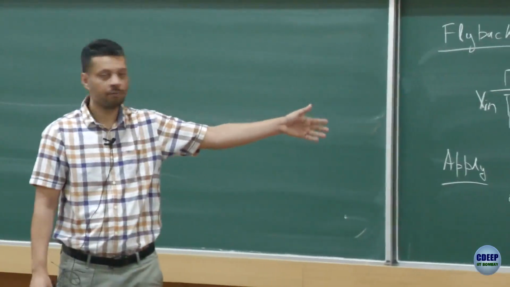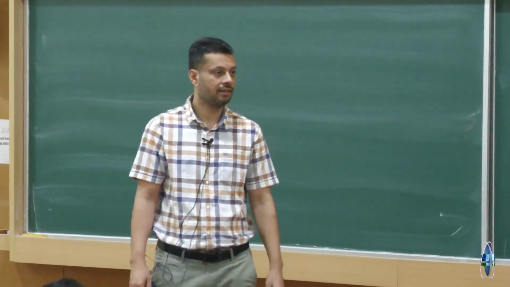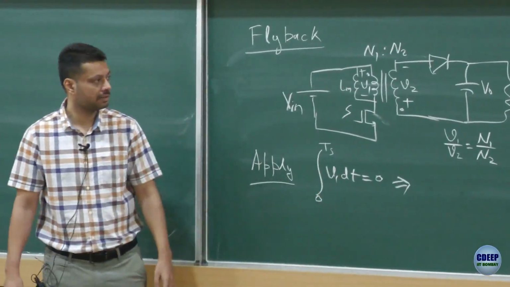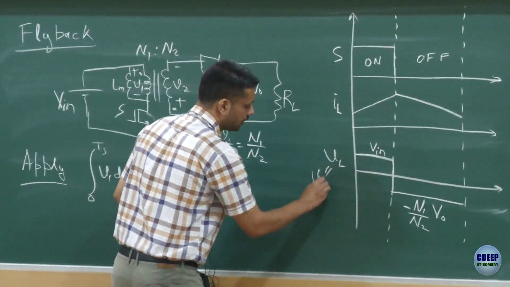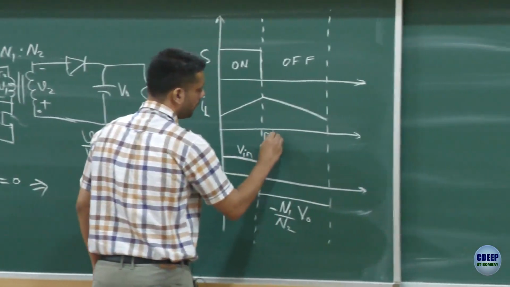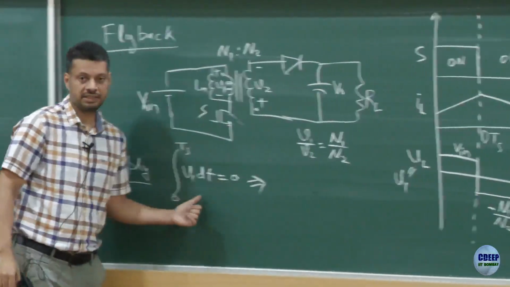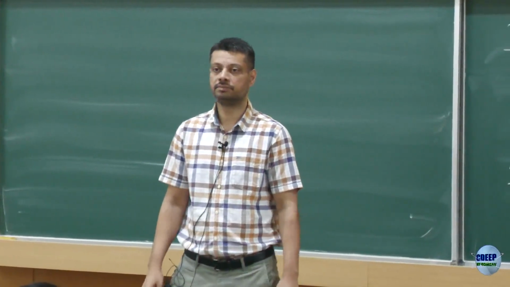We can apply volt second balance across an inductor assuming the circuit is operating at steady state. This is something we have seen already before. So why don't you go ahead, apply volt second balance, we have drawn the voltage across the inductor, and try to evaluate this integral and see what you get.